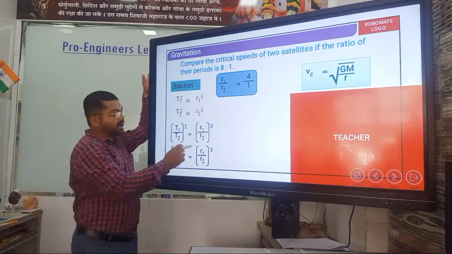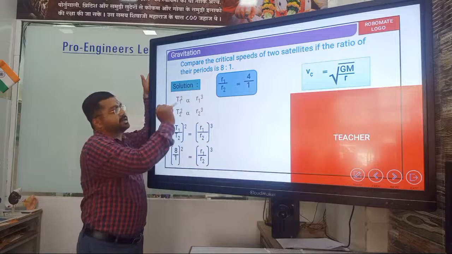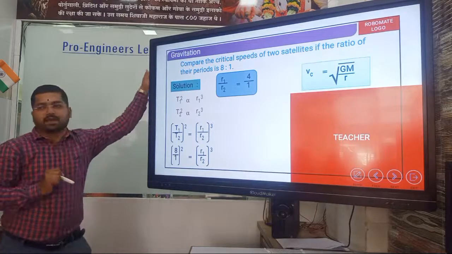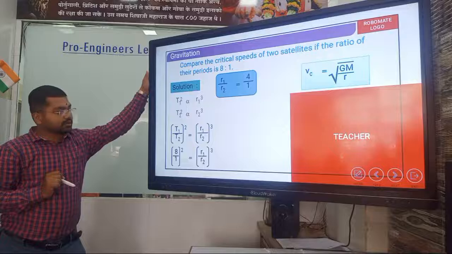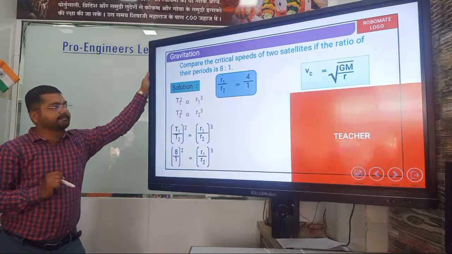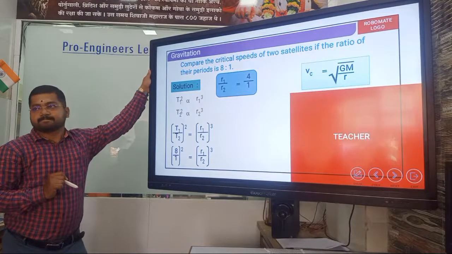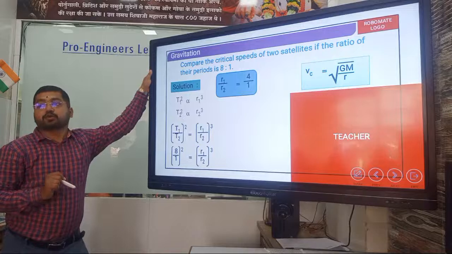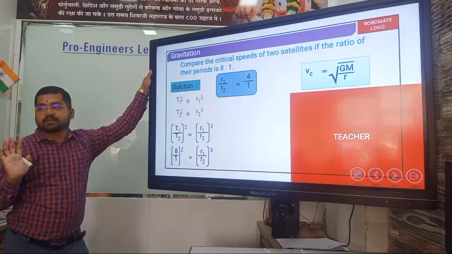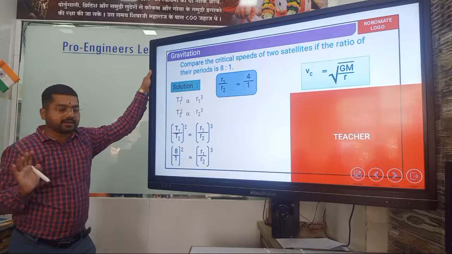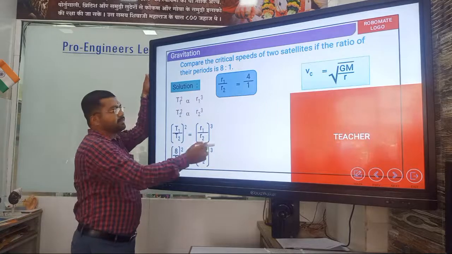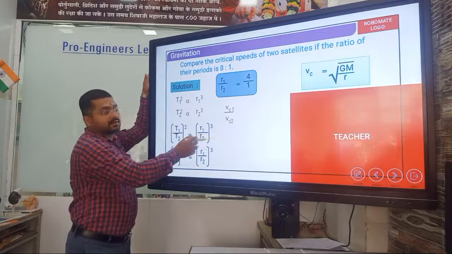But sir, it is the cube of R1 upon R2. Here you have directly mentioned R1 by R2. Is it right? Because it is proportionality, whatever comes over here will be proportional on that side, right?